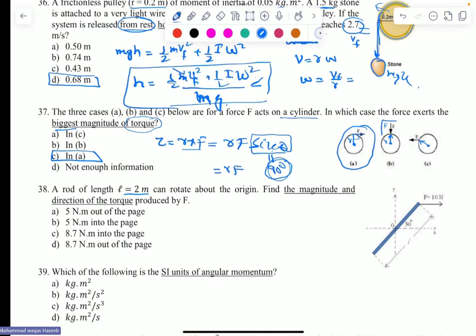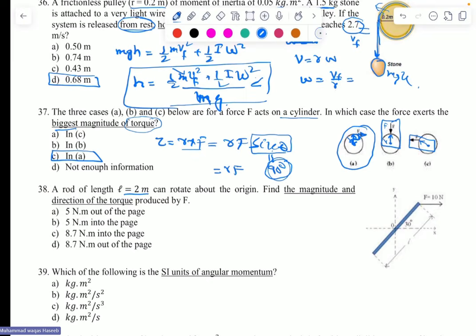In the other cases the angle is not 90. But in this case, this is the force and this is the direction of the moment arm, so the angle between them is 90 degrees. The maximum torque is only obtained at an angle of 90 degrees.